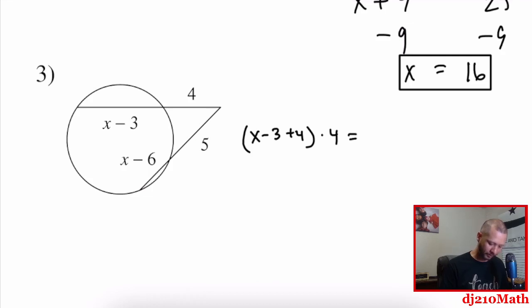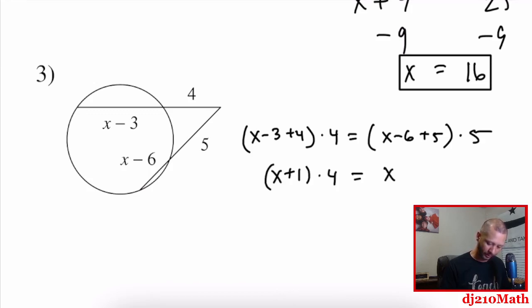This is going to be equal to x minus 6 plus the outside, the whole length, plus 5, times 5. So simplifying: x plus 1 times 4 equals x minus 1 times 5.